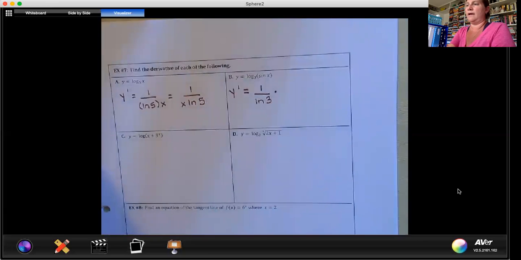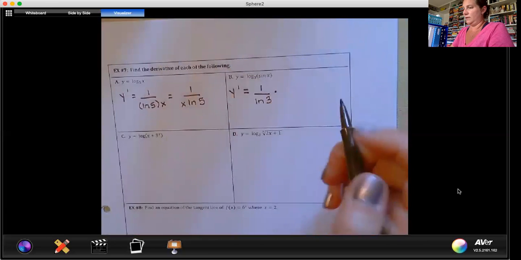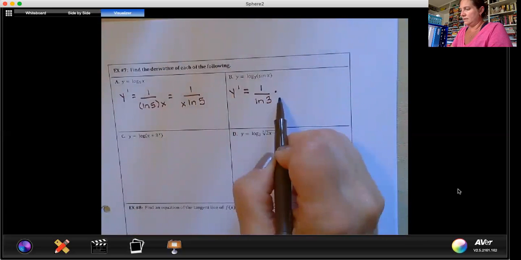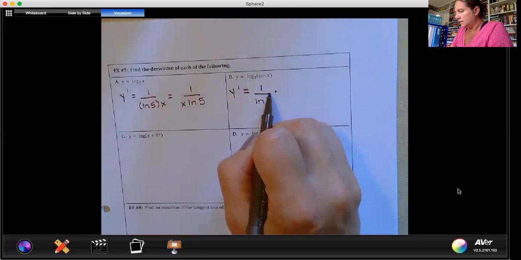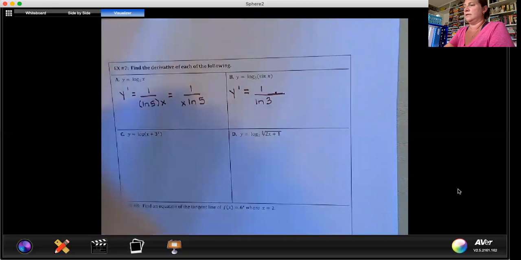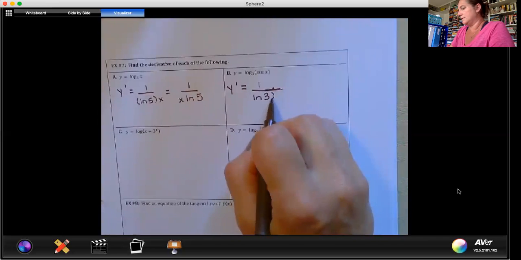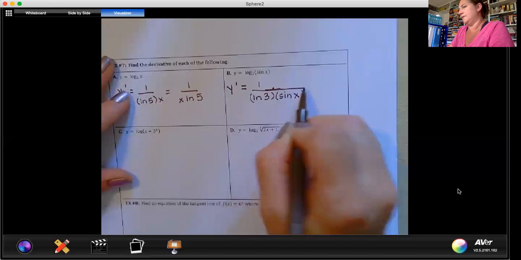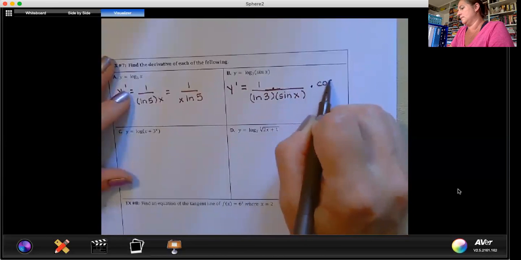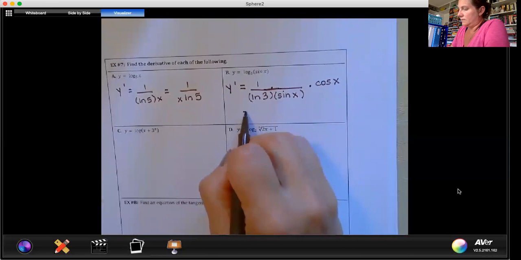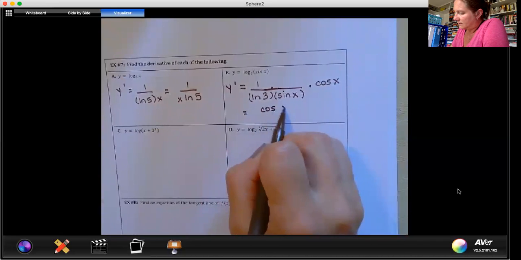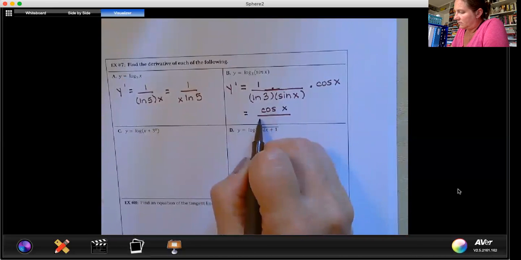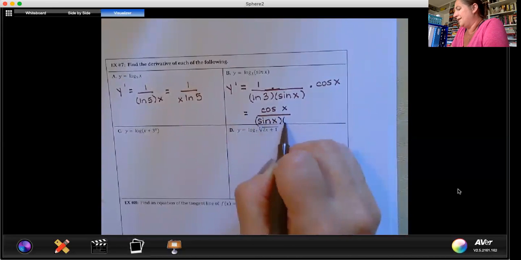And again, looking at that derivative formula, 1 over ln 3. And then we're going to extend that times sine x times the derivative of sine x, which is cosine x. So we have cosine of x over sine x times ln 3. And again, order on the bottom is not going to matter.